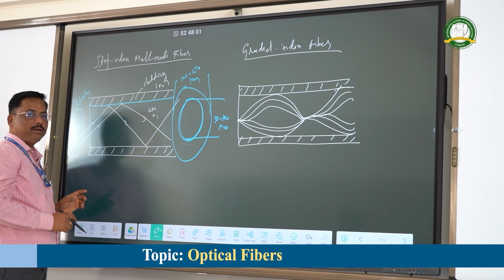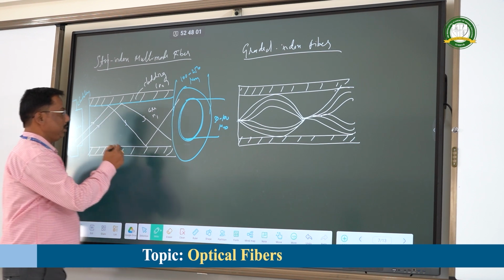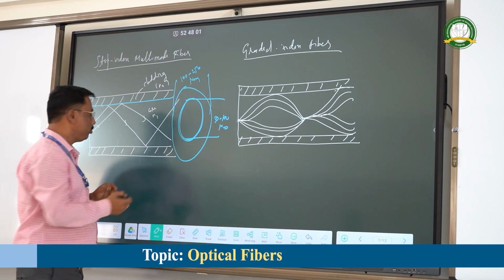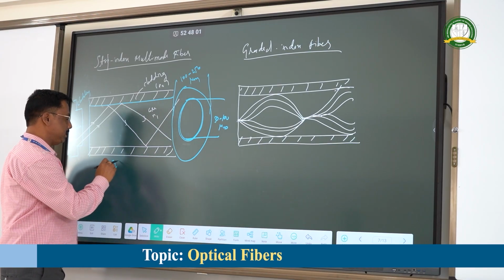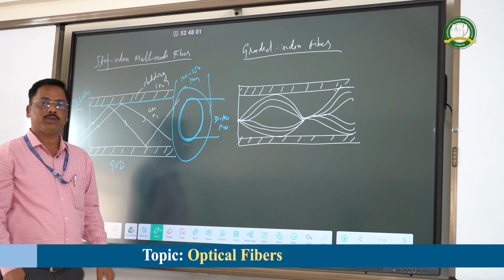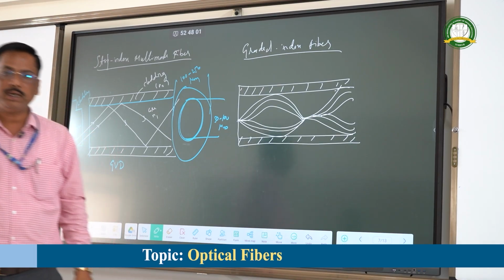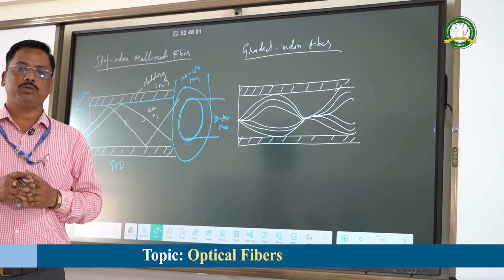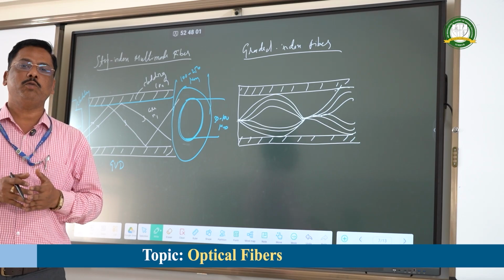One of the main disadvantages of this step index multi-mode fiber is group velocity dispersion, GVD. Group velocity dispersion means, as I said, it supports more than one mode, that's why it is called multi-mode fiber.